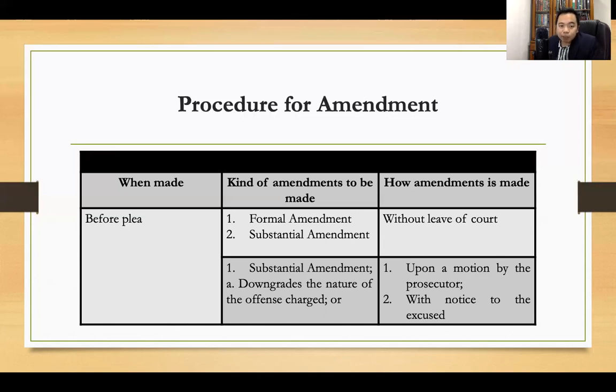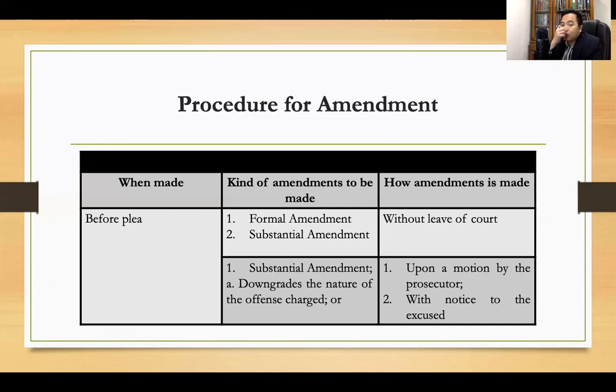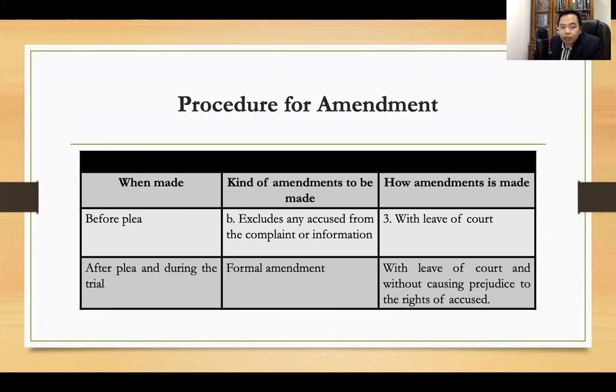Except in case of substantial amendment, when it downgrades the nature of the offense or when it excludes any of the accused from the complaint or information, then it can only be done upon compliance with three requirements. One, upon motion by the prosecution. Two, with notice to the accused. And third, with leave of court or permission from the court.